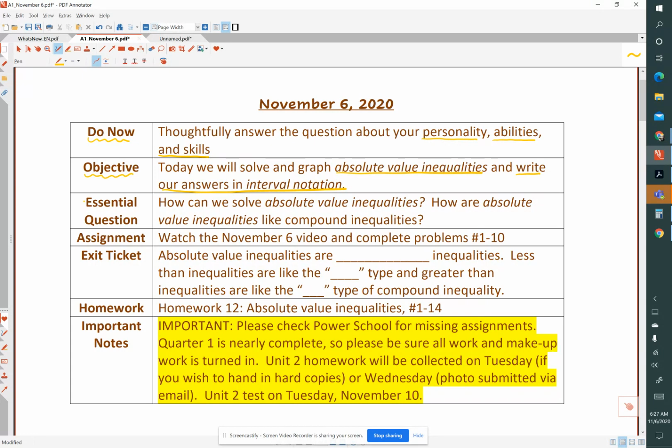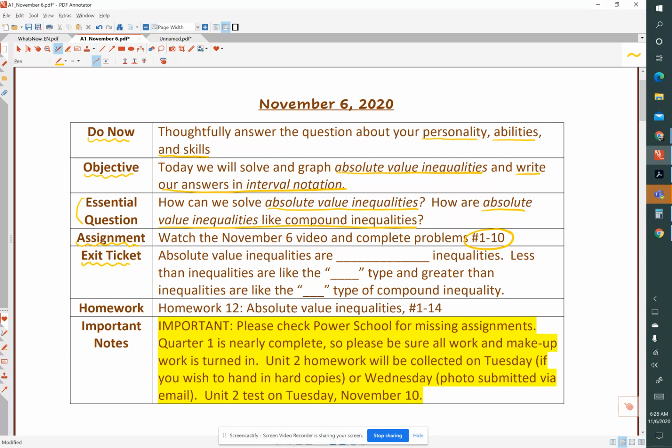And our essential question asks, how can we solve absolute value inequalities? And how are absolute value inequalities like compound inequalities? We'll watch today's video and we will complete problems number 1 to 10. Our exit ticket asks us to fill in a blank today.